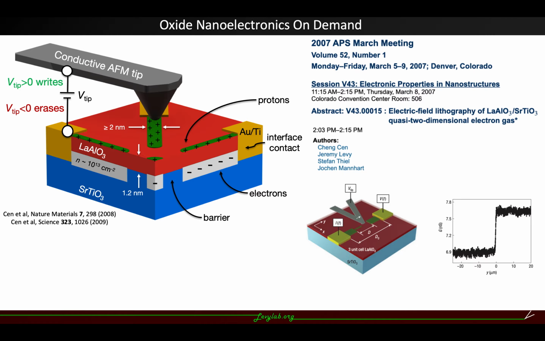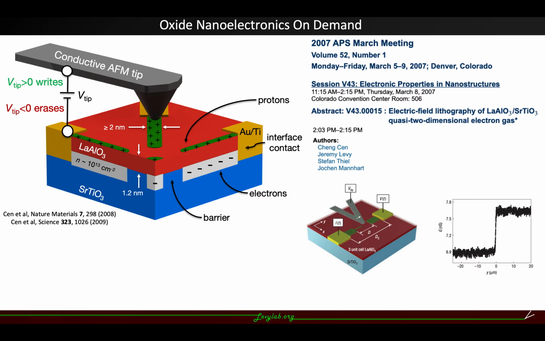Since we first reported the nanoscale control of metal-to-insulator transition on this system in 2007, we have put a lot of effort into this heterostructure. We developed a bunch of different devices. We studied the writing and erasing mechanism, and we investigated the strong electron-electron interaction at the 2D electron gas of the LaLO3 interface.